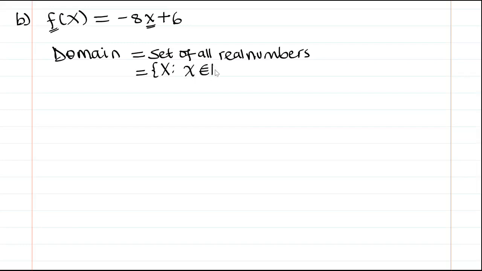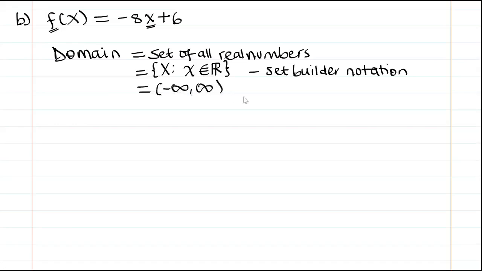Always remember that domain is a set of the real values of x. So this is the domain in set builder notation. The question can be specific, so customize according to the question. Or in the interval notation, it runs from negative infinity up to positive infinity.